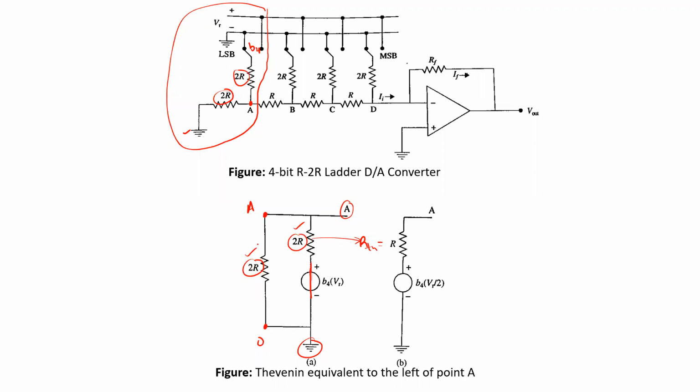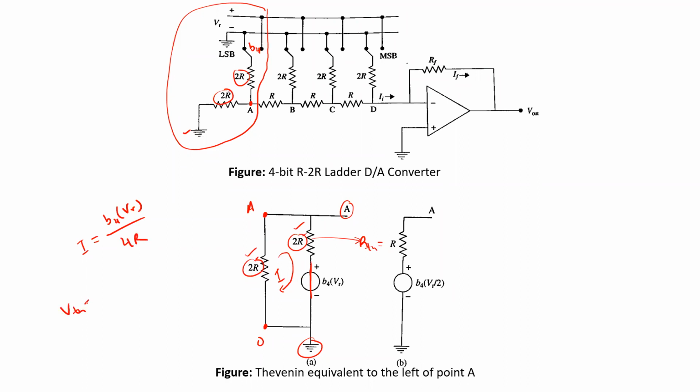When you determine an expression for the voltage drop across A and 0, that will be equivalent to the Thevenin equivalent voltage for the branches up to node A. For that, you can consider a current flowing through this loop. The expression of the current would be B4 times VR divided by the sum of these two resistances, 4R.